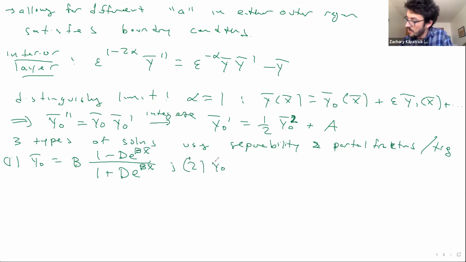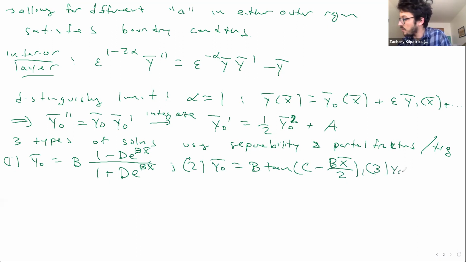Another type will be y0 bar is equal to b tan of (c minus b x bar) over 2. And a third will be y0 bar equals 2 over (c minus x bar). So that's that special case one.